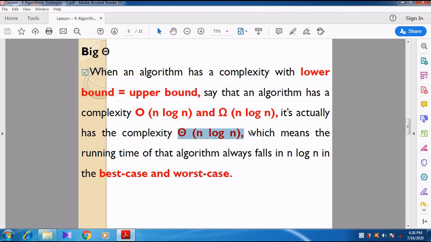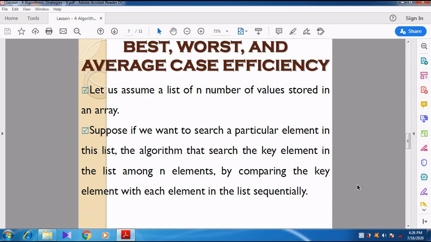So that falls into theta n log n, where the best case is equal to the worst case. Right. How can we find out whether the efficiency of an algorithm is in a best manner, a worst manner, or an average manner? Average, in the sense that best and worst case are equal, is what they call the average case.